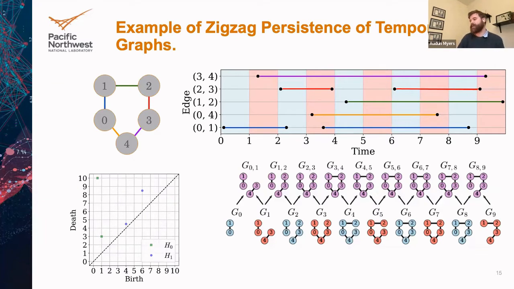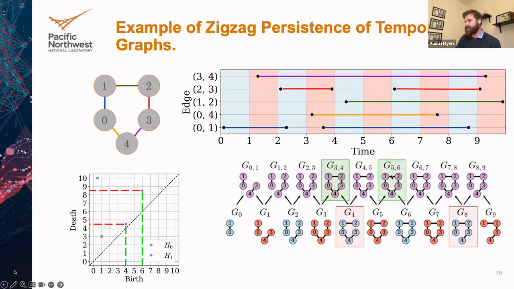I can capture these topological features. So for example, in H1 here, I have this hole that shows up at graph 3, 4, and then dies at graph 4, which is represented by that persistence pair there. And then I have a second hole that shows up at graph 5, 6, and then persists until graph 8. You can see it's captured by that persistence pair there.